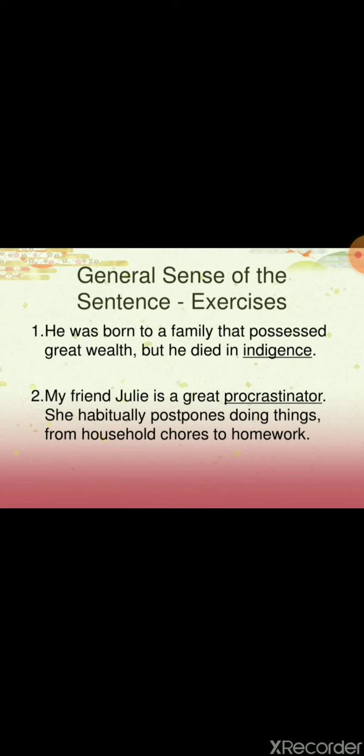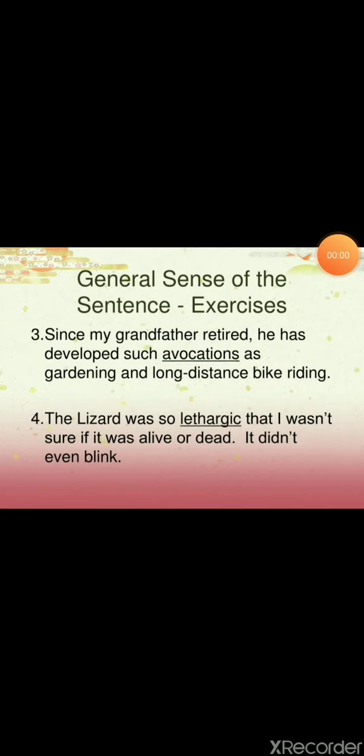Any way you can think, when you see the options, you can get the right option very easily. Look at some more examples. Since my grandfather retired, he has developed such avocations as gardening and long distance bike riding. What is giving you the indication? Gardening is a hobby, long distance bike riding can be a hobby. So avocations means auxiliary habits which you normally have.